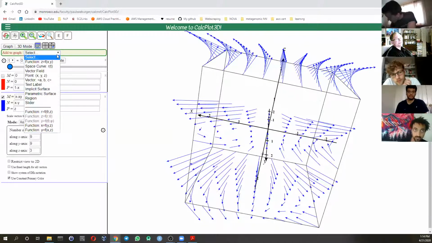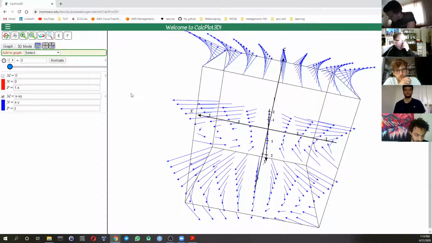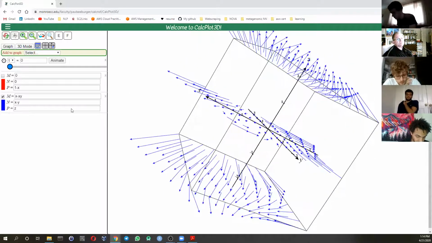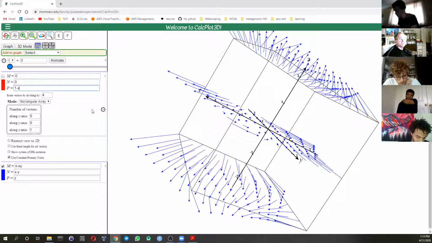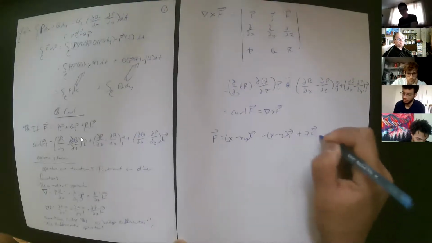So let's draw the gradient field here. What is the gradient here? Well, we can't draw the gradient here, that was a dumb statement because that doesn't make any sense. The gradient operator we can't really draw, but I computed the curl. This is the curl. Let's go through this operation just to be clear we got everything. So F is (x minus xy) i plus (x minus y) j plus z k. Right?